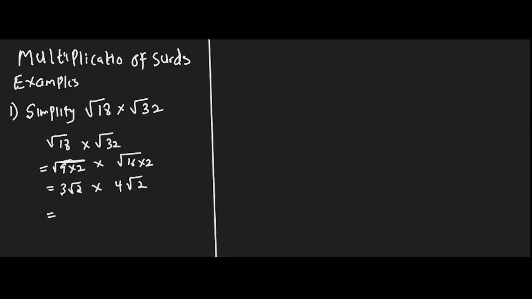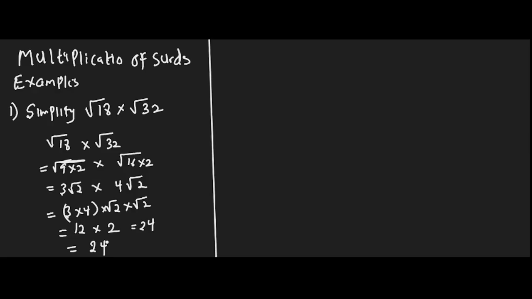Now, the next thing to do is multiply this part and this part. 3 times 4, and the root part we take root 2 times root 2. Then you have 12 times root 2 times root 2, which gives us 2. That means 12 times 2 will give us 24. That means simplifying this will give us 24.